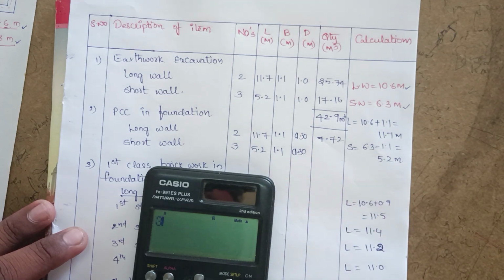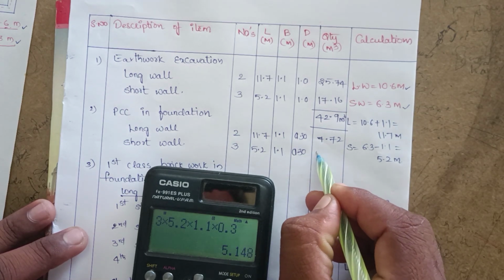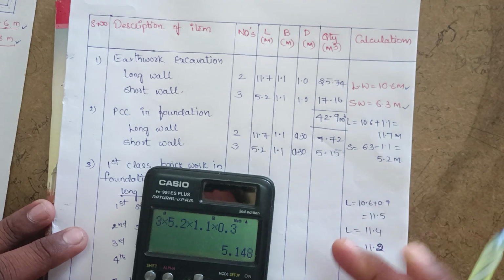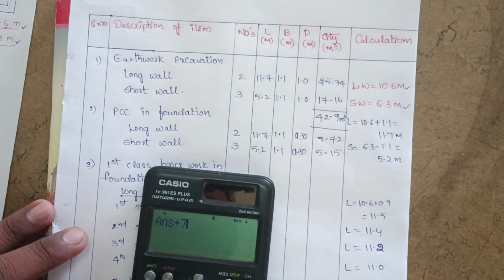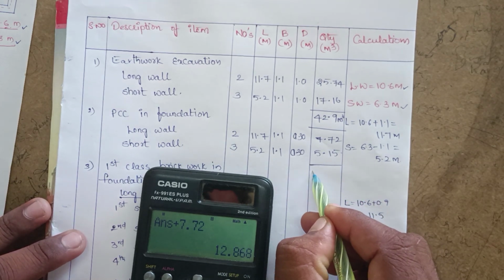For the short wall, 3 into 5.2 into 1.1 into 0.3, which comes out to be 5.15. Adding those, it comes out to be 12.87 cubic meters.